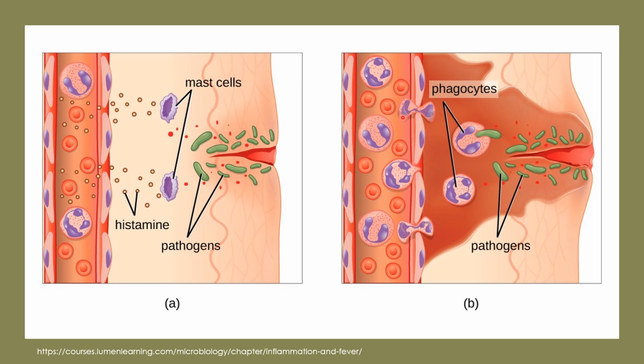So it will increase the permeability of the capillaries, allowing the fluid and the proteins, as well as the phagocytes and other immune cells, to enter the infected tissue. These events result in swelling and reddening of the injured site. The increased blood flow to the injured site causes it to feel warm.